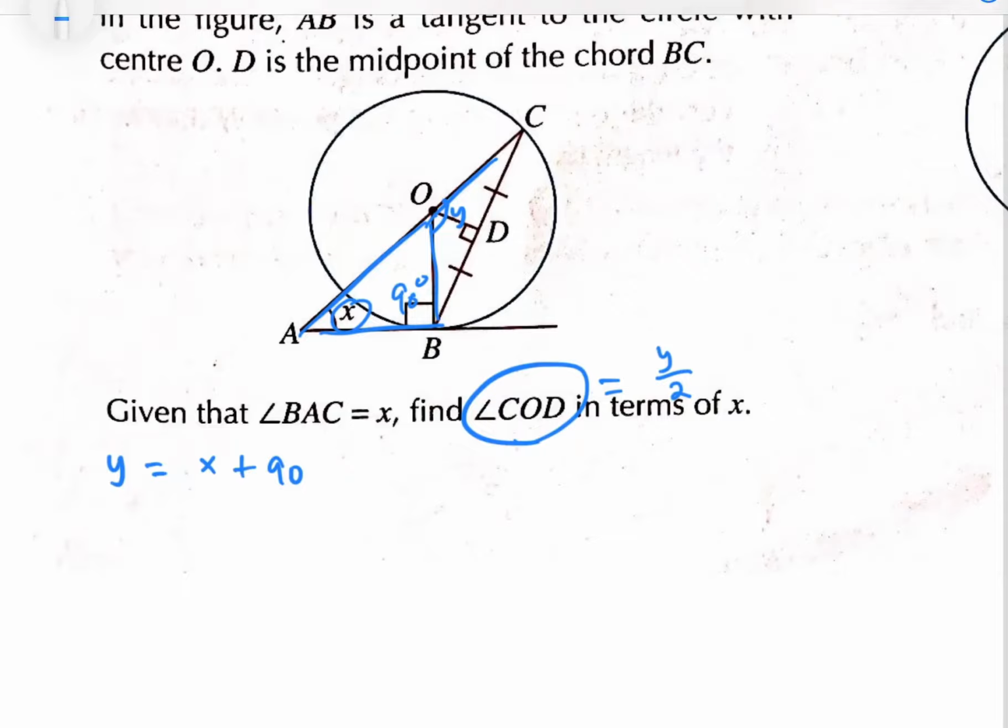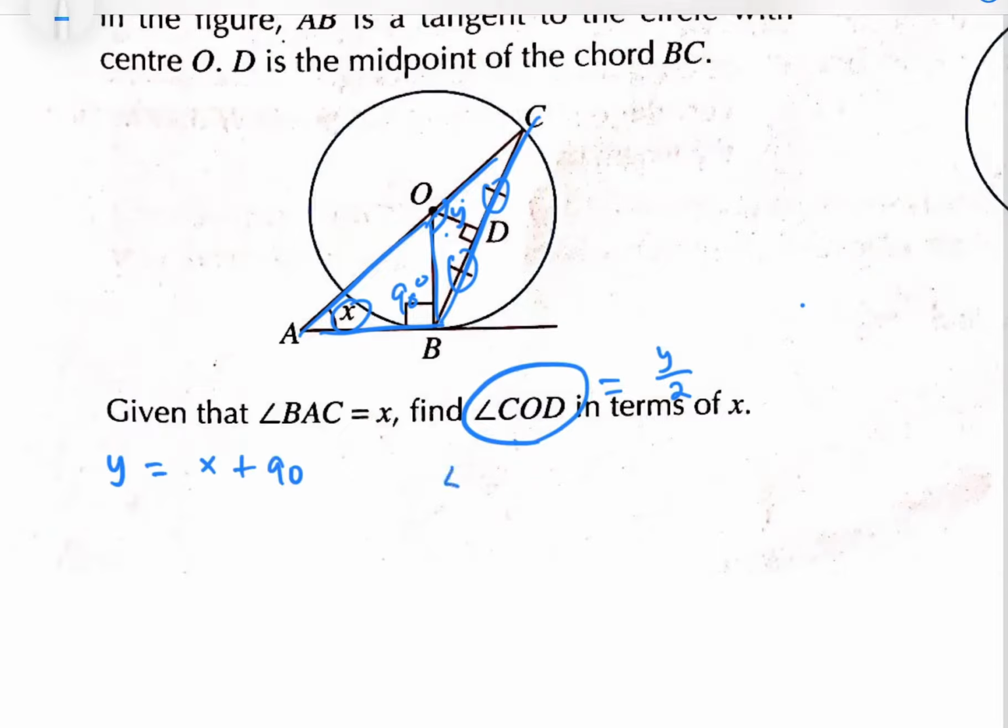That angle is bisected because BC is a chord, these two sides are equal, plus the fact that this line from the center is perpendicular to the chord CB. Thus, this angle is bisected.